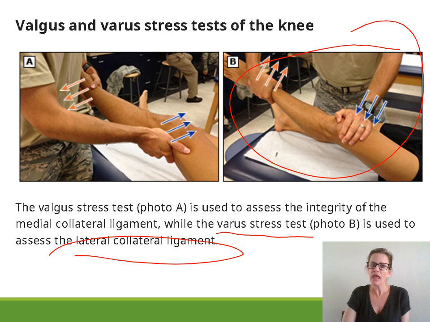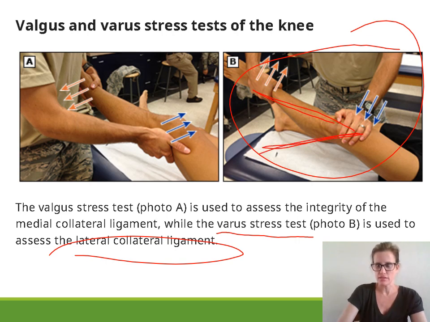So varus, remember, means an inward angulation of the distal leg. So not laterally, now it's going inward. So this is like adduction, the movement adduction. The knee should not adduct, right? You should not be able to move the knee like this. You can flex and extend. You should not be able to move it inward towards the midline.